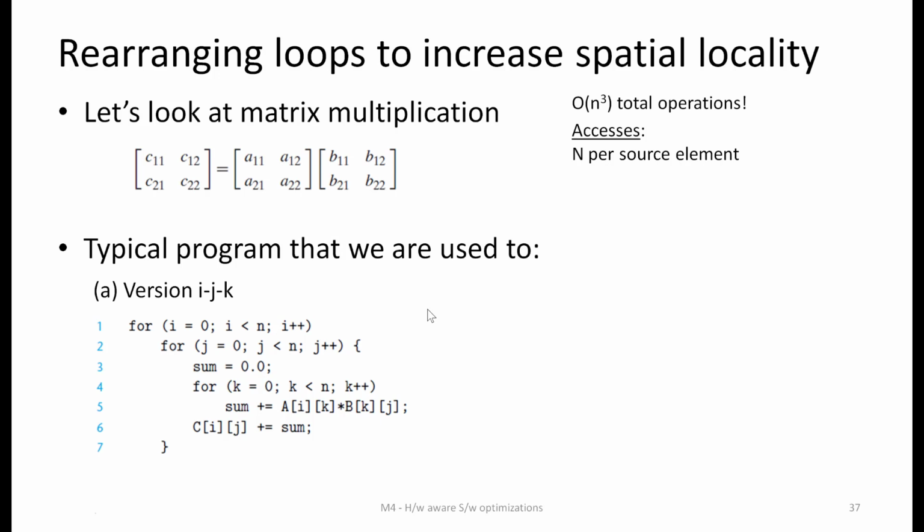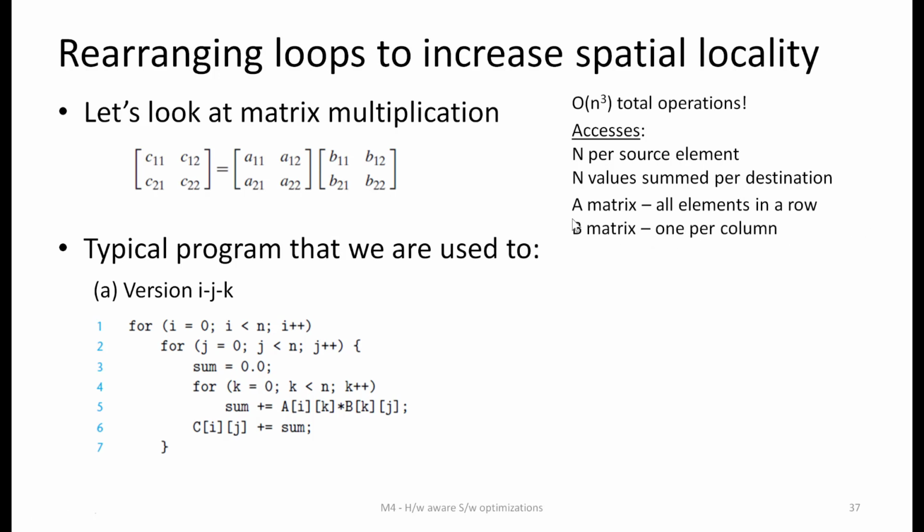So n per source element, and L values we would be needing to sum. And for the matrix A, the accesses with this loop structure of i, j, k would be that all the elements will be accessed in row order. When we look at matrix B, the accesses would be 1 per column.